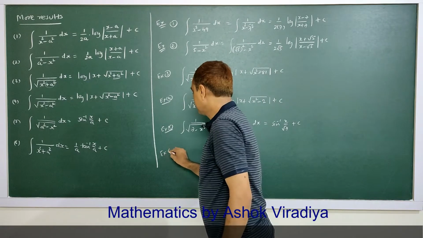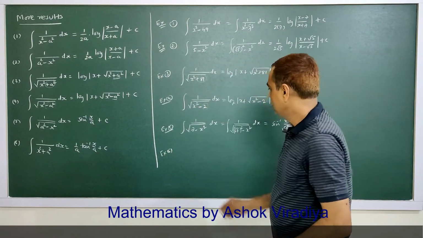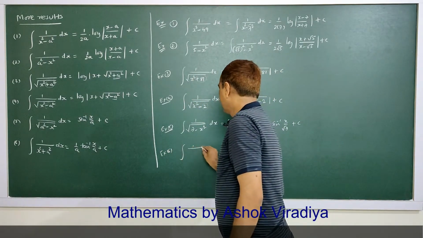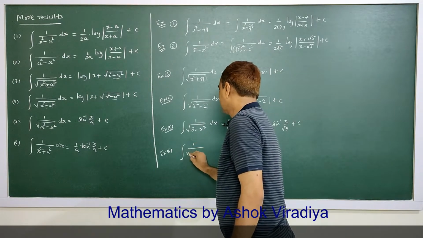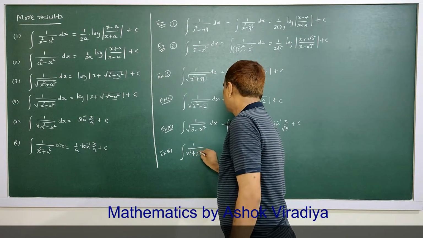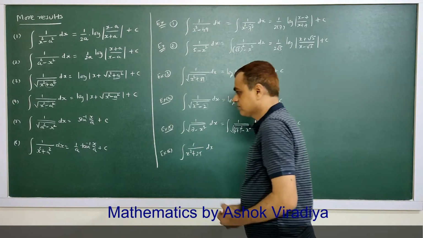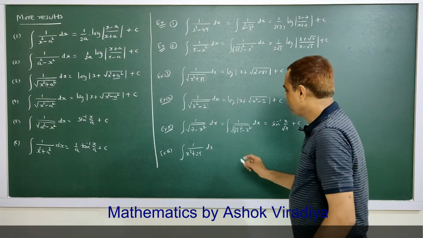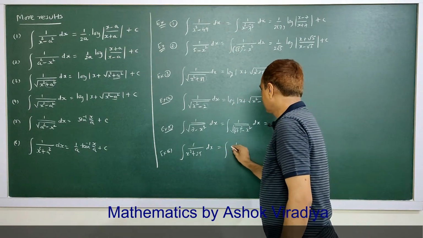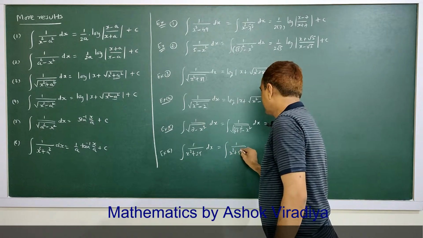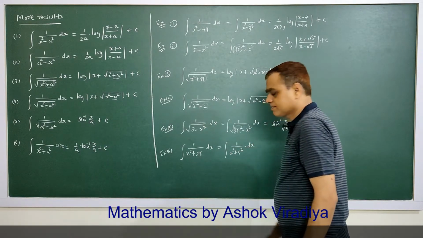Sixth result, integral of 1 upon x square plus 25. So it is like 1 upon x square plus 5 square.